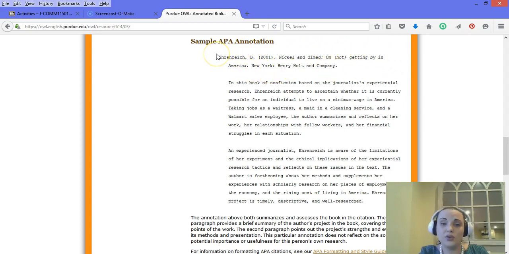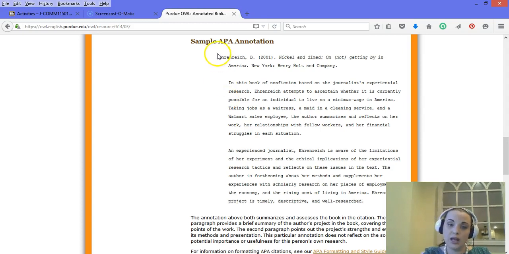We're going to create an APA reference for that piece of research, and then under that properly formatted reference, we're going to summarize the information that we found in that article, whatever it was. We're going to provide a short summary so that when we look back on it later on, we go, oh yeah, this article talked about this, because all we've got to do is look at our summary and see that.